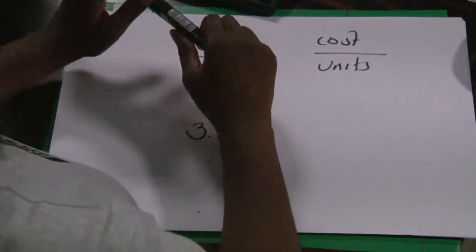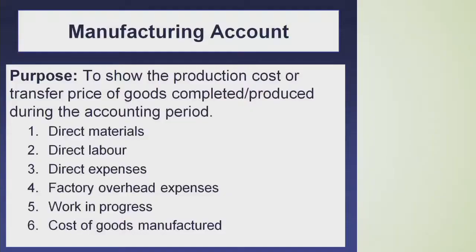Okay, now when we are producing, these are the costs of production that need to be taken care of. Now, what are direct materials? Direct materials, these are the materials. Okay, this is the marker. This is plastic, yeah, this is the direct material. The material that I need to use to produce this marker. What do I need? I need ink.